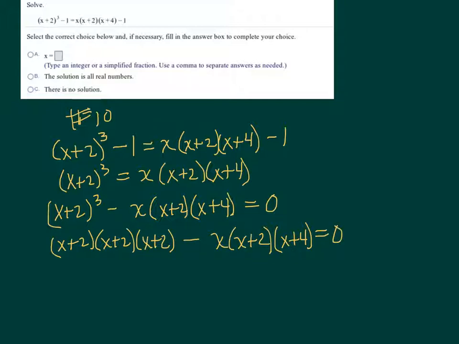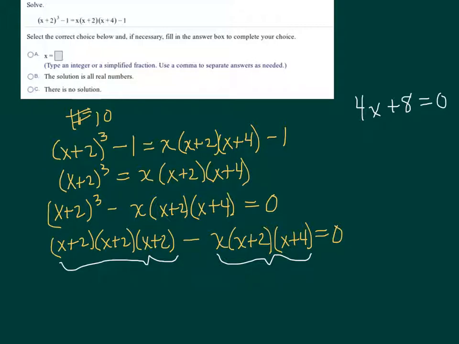So now what we have are two terms. They're not pretty terms, but they're terms, because they're separated by that minus sign. There's one term, and here's another term. So for a moment, let's consider if we had something like 4x + 8 = 0.